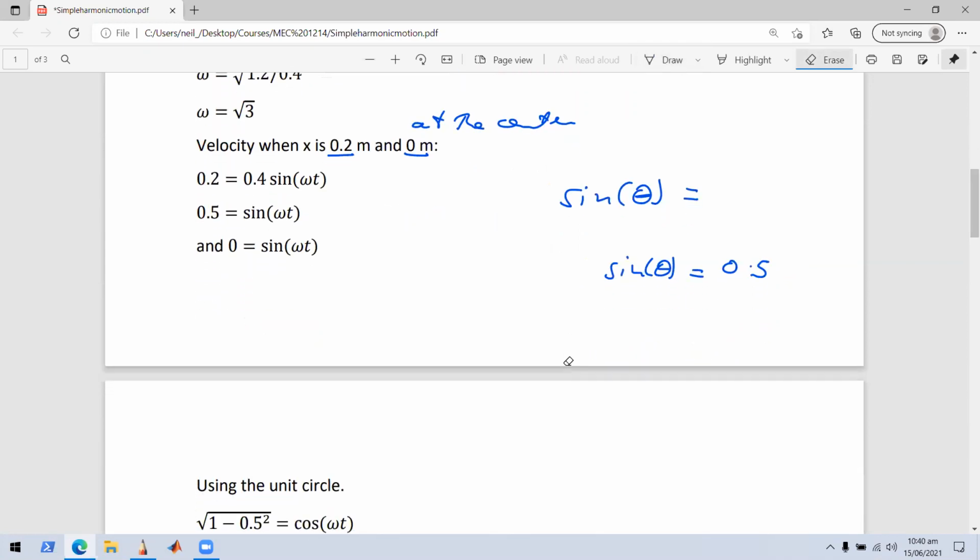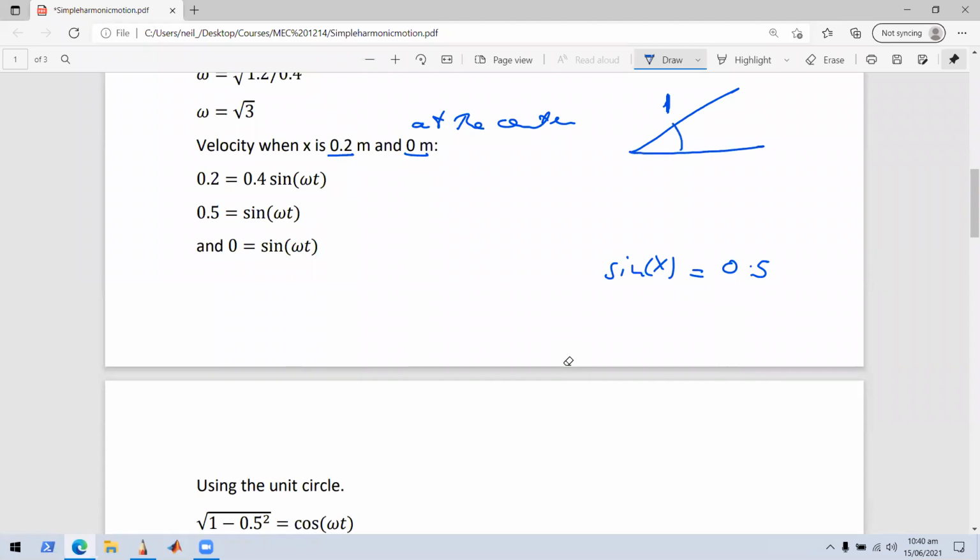But we don't have theta, we have omega t. But sine theta is equal to 0.5. If sine of something, let's say x, is equal to 0.5, then cosine of that thing, right? Remember the hypotenuse is 1, so we can just go ahead and draw a little triangle here. This hypotenuse is 1, right?